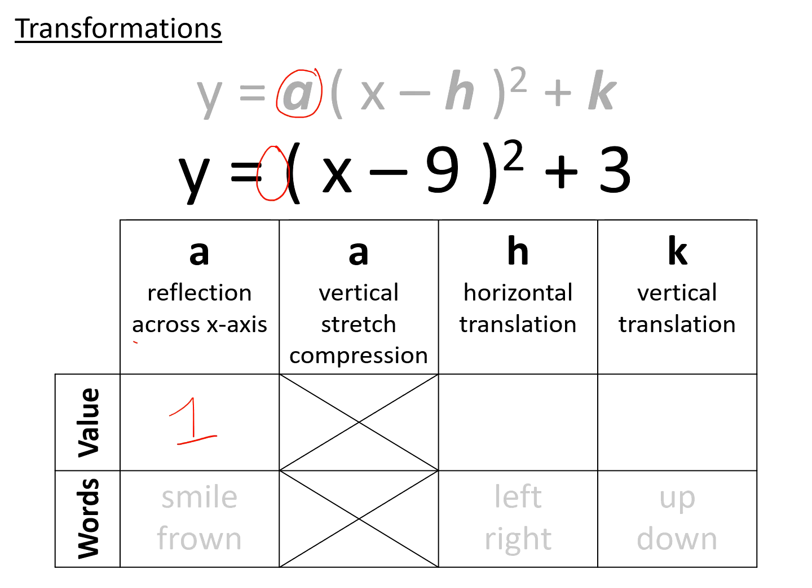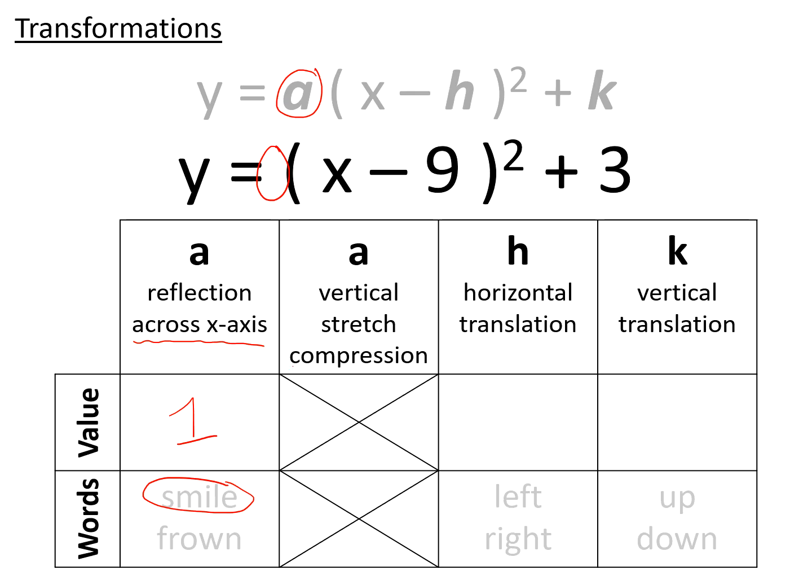Our a value tells us if there's a reflection across the x-axis. In other words, is it opening upwards or opening downwards? Is it smiling or is it frowning? Since this is +1, that means it is opening upwards or smiling.